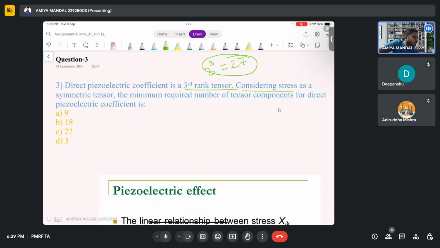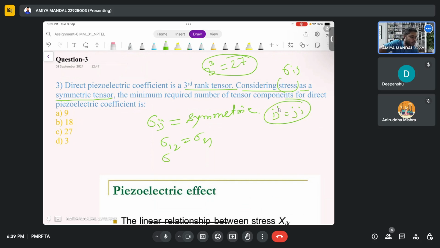Considering stress sigma ij as a symmetric tensor, sigma is a symmetric tensor, meaning sigma 1 2 equals sigma 2 1, that is, ij equals ji.